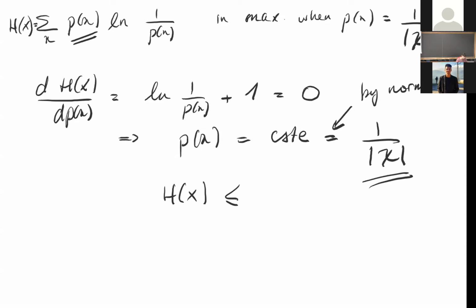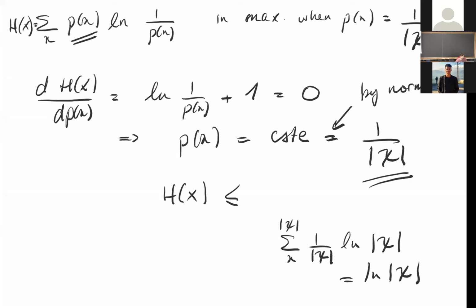So we compute it: it's the sum over x of 1 over cardinal times log of cardinal. And this is just the log of the cardinal. This is the Boltzmann formula: it's the number of configurations, it's the log of W. You recognize?